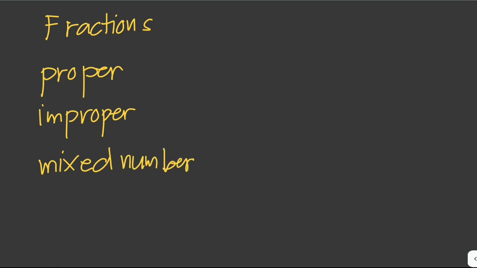So examples of proper fractions, the numerator is less than the denominator. So examples are 1/2, 8/13, 2/3. Improper fractions, the numerator is greater than or equal to the denominator.